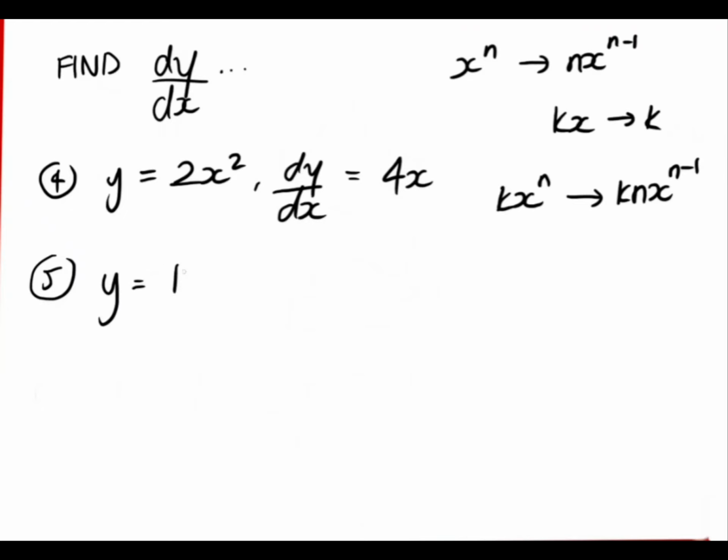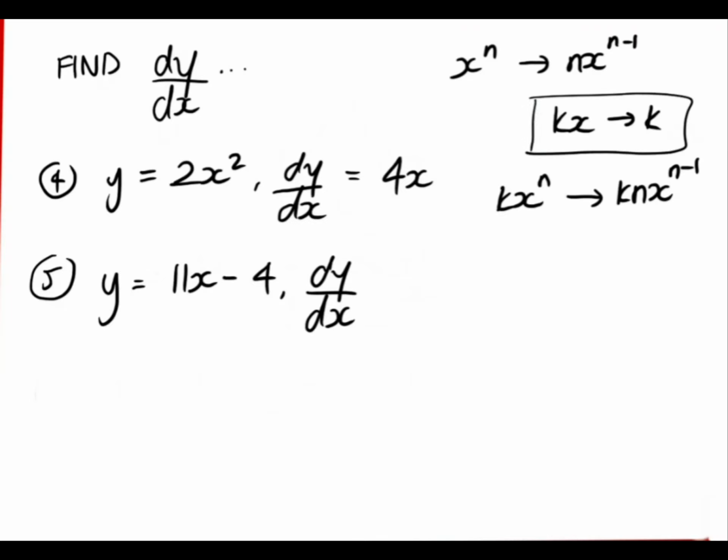So next one, 11x minus 4. To differentiate that, we can use this rule here. That just becomes 11. And if you remember, a number alone doesn't differentiate into anything, it differentiates into 0. So we can just leave it at that.